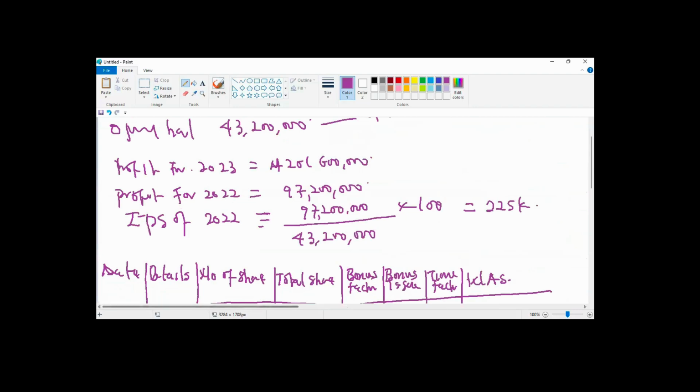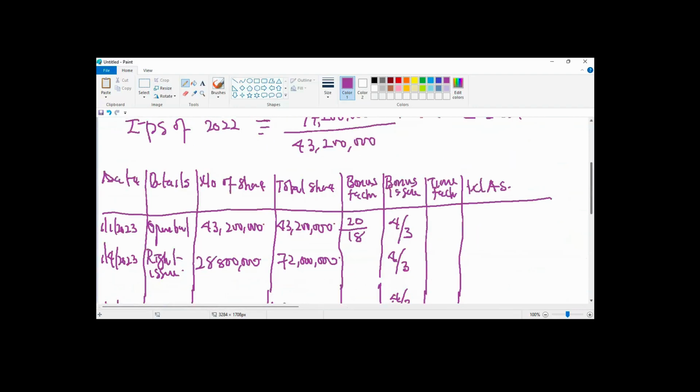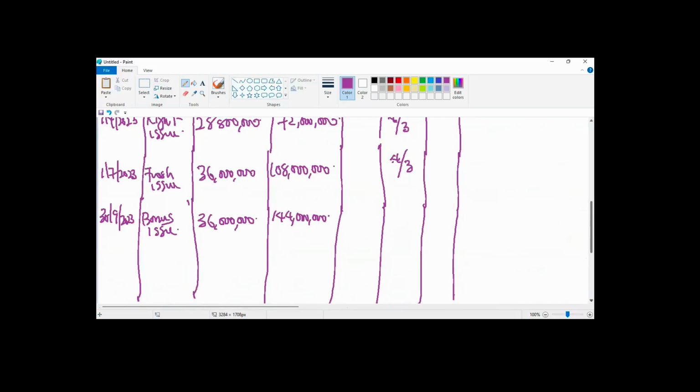So I will now bring the 64. On which day? On 1st October 2023, it converted.